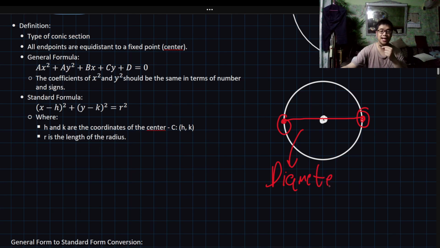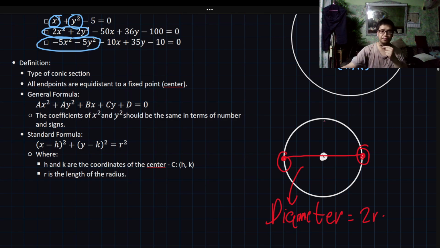Diameter is basically twice the radius, because if you cut this in half through the center, you will have two radii. Radii is just the plural form of radius.